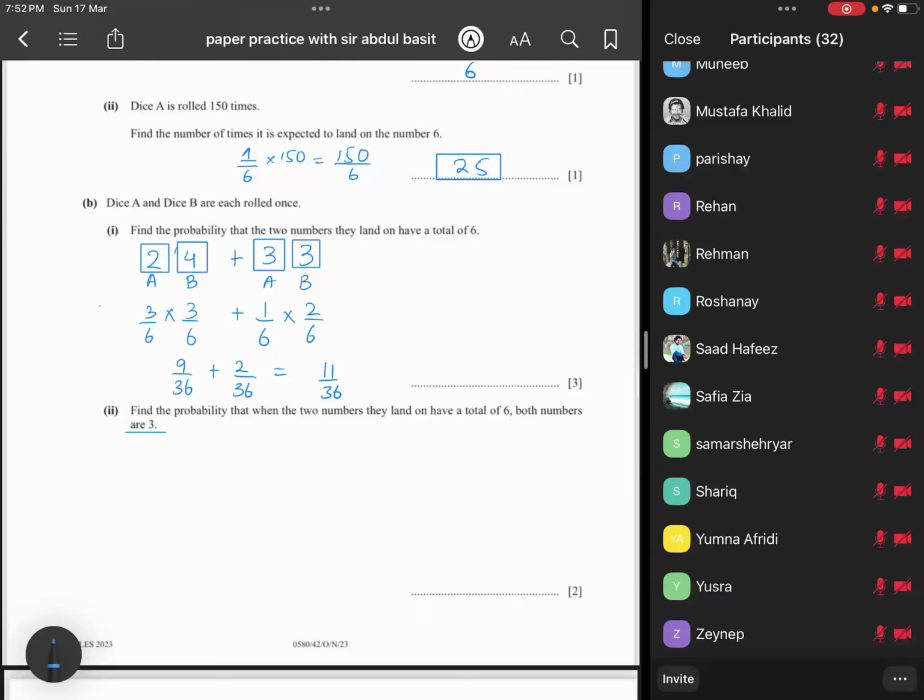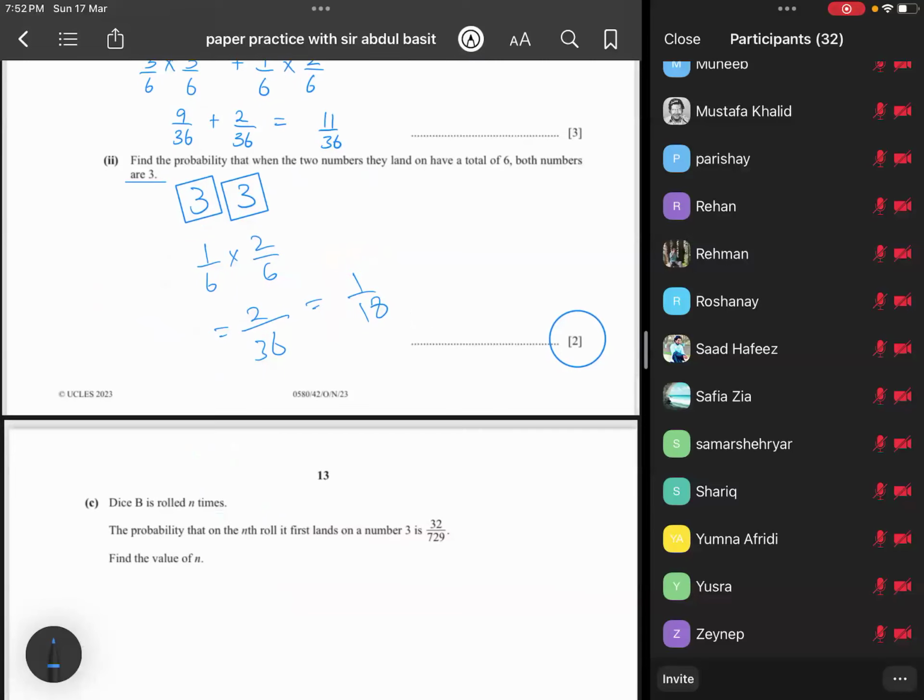So 3, 3. Yes or no? Yes, sir. Okay. So we need to write this one only. 1 by 6 multiplied by 2 by 6. That would be 2 by 36. That is 1 out of 18. 2 marks. Easy.